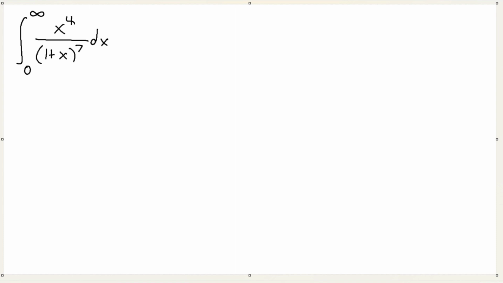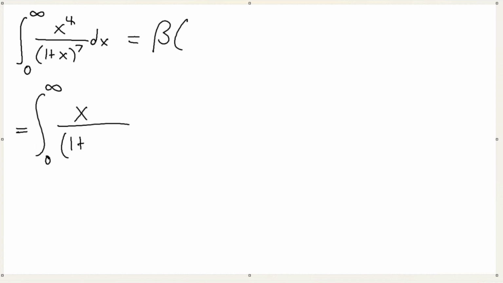It's a disgusting u sub process. So with the beta function, this would be a lot faster. Now, how does the formula go? What's the format? Do you remember?